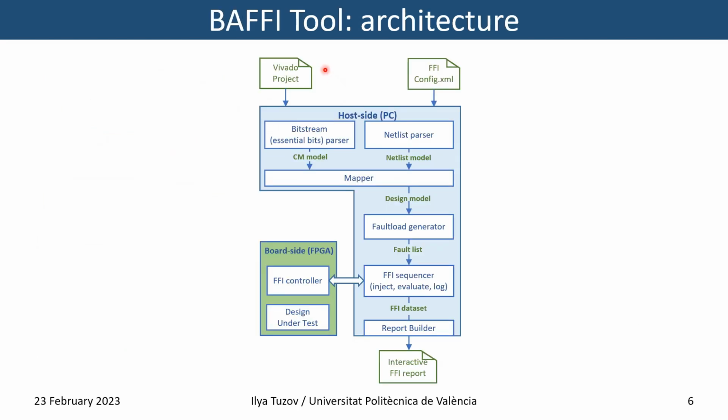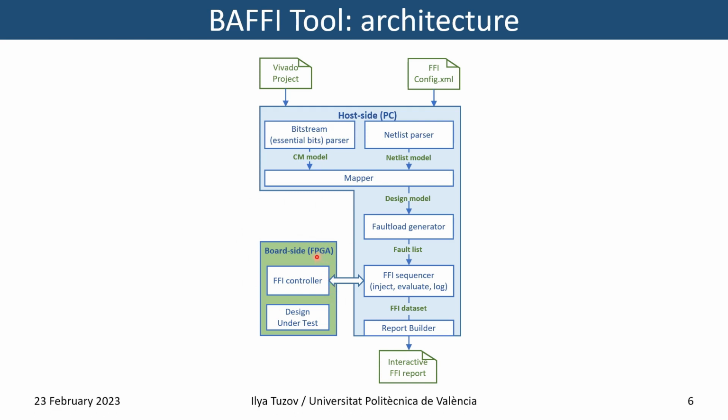So this slide illustrates the architecture of the bit-accurate fault injector that we propose in this work. It includes several modules on the host side and on FPGA board side. The host side comprises a set of Python modules. They are responsible for parsing the design, mapping essential bits, generating the fault load, controlling and monitoring the execution of experiments on the board side, and so on. The board side includes an FFI controller that coexists in the same chip with the design under test.